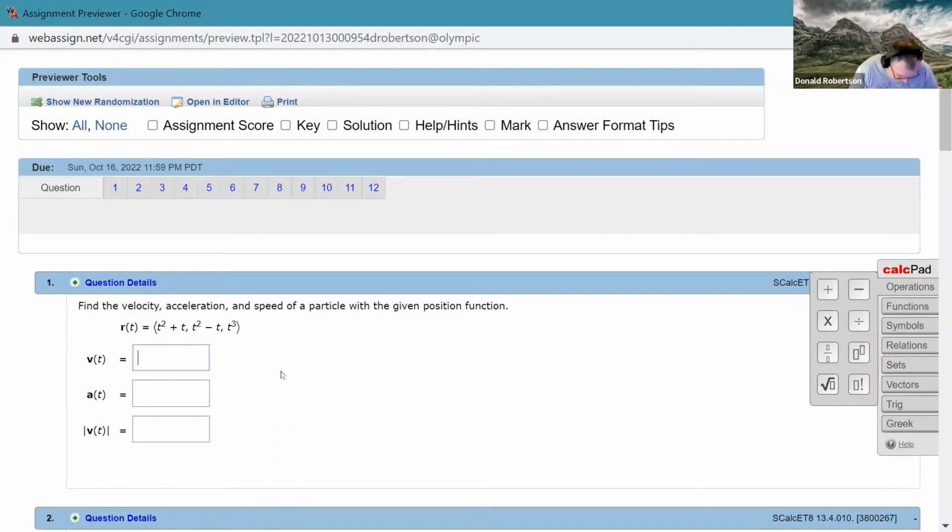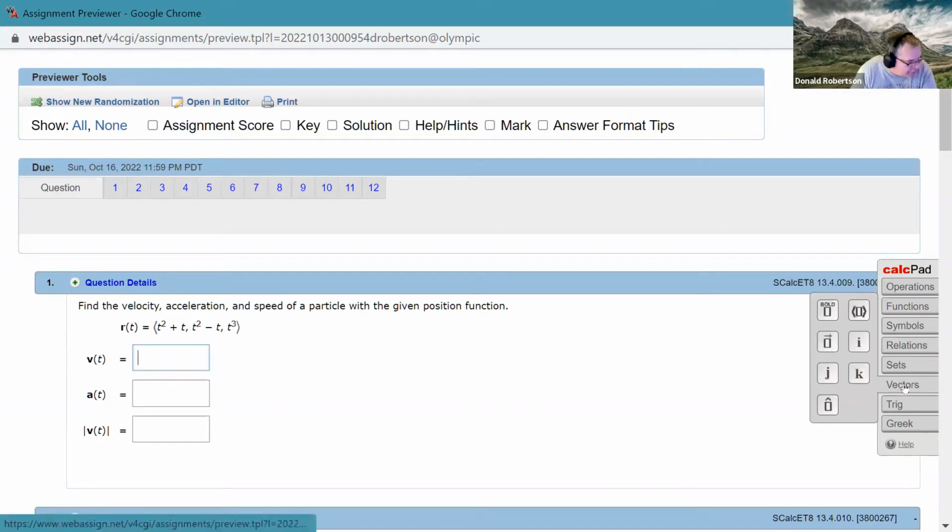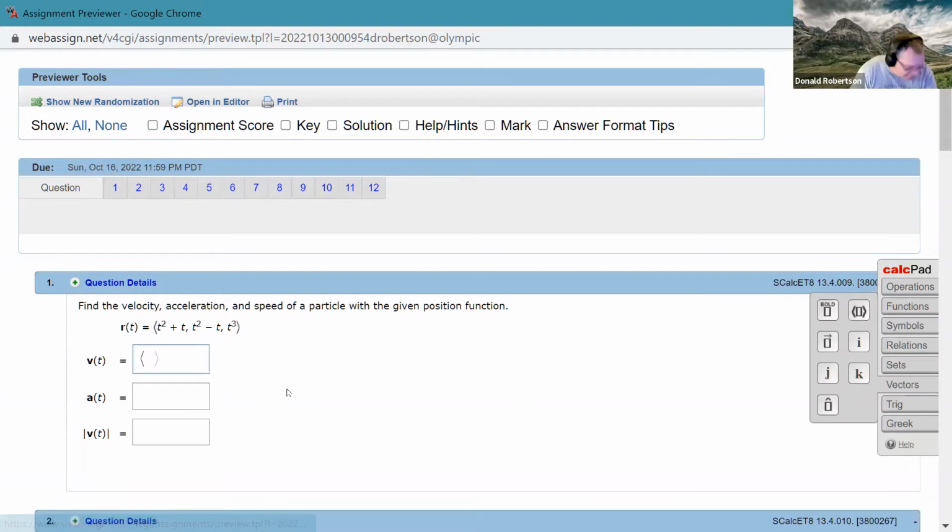The velocity, I have it here, is 2t plus 1. You have to go down to vectors and hit that guy. And you put in the 2t plus 1, comma, 2t take away 1, comma, and what is the other one? 3t squared.